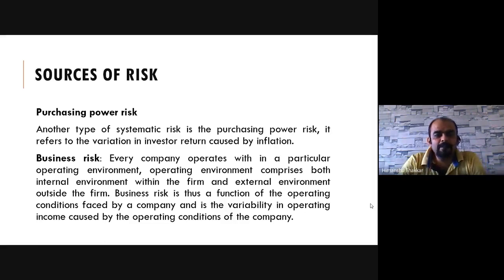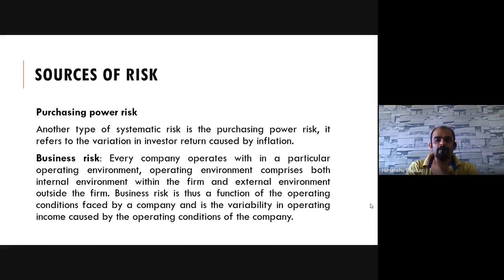Then comes purchasing power risk. Another type of systematic risk is the purchasing power risk. It refers to variations in the investor's return caused by inflation. Okay, you just see the prices of petrol in the recent few days, few months, it is going up, and because of it, it is affecting so many commodities that overall purchasing power has reduced.